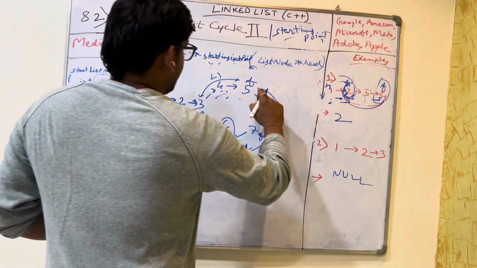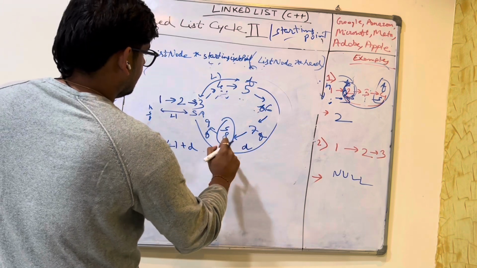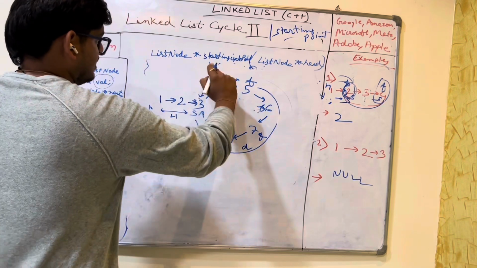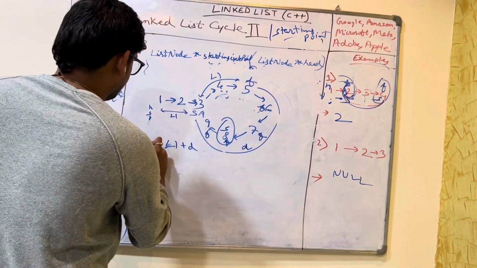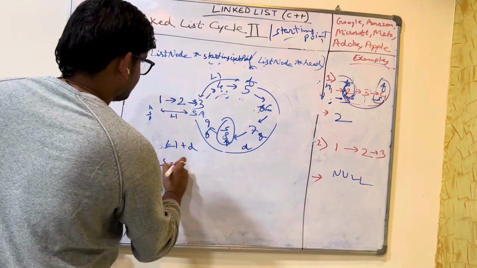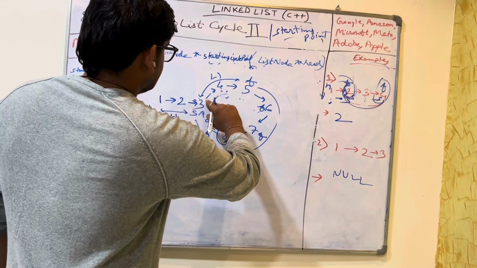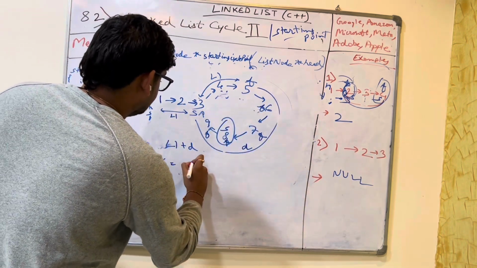And then F actually covers double this length, this whole circle's length plus extra length. But what does S cover? The distance that S has covered is actually D distance.